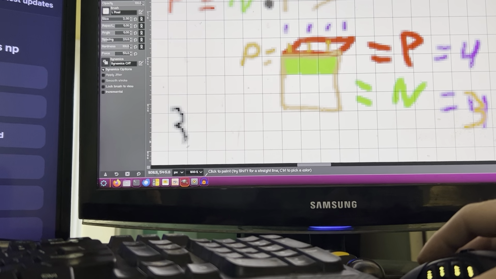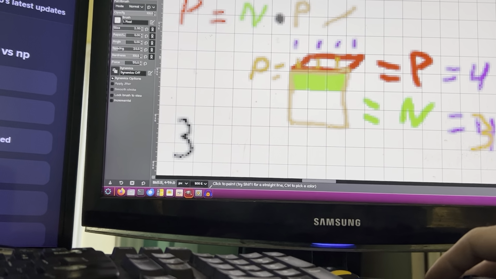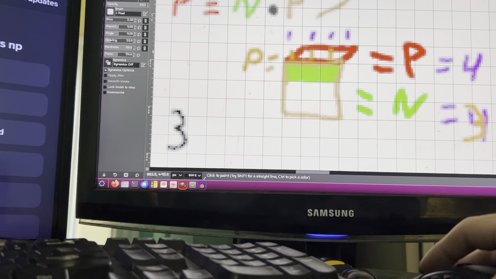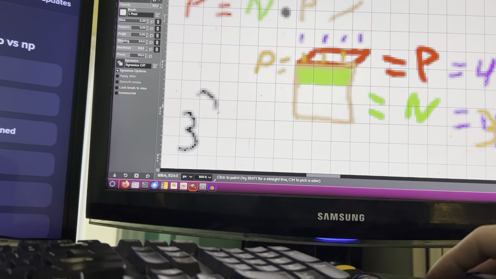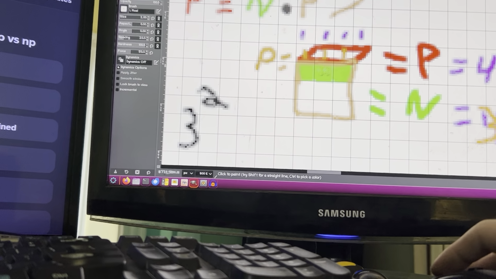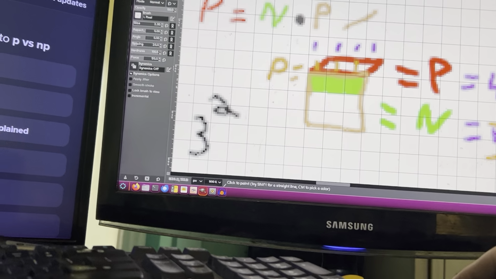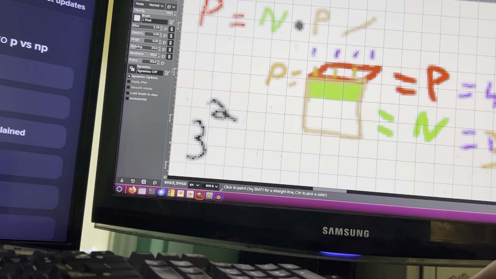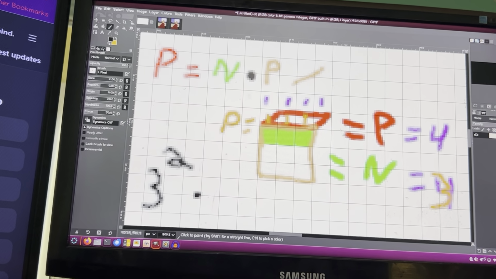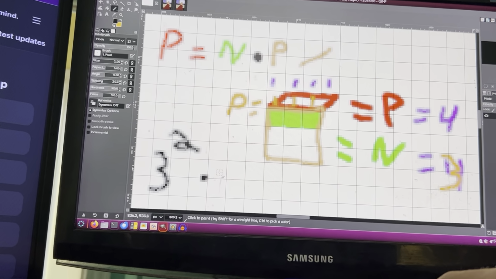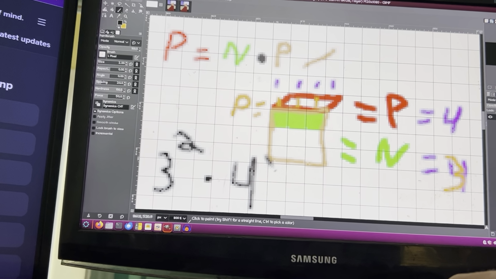And because we know 3 goes in the gold P direction as well, typically, if we know it's to be squared, it's 3 squared. And it's squared because it goes in 2 directions, okay? So 3 squared times red P, 4, right?